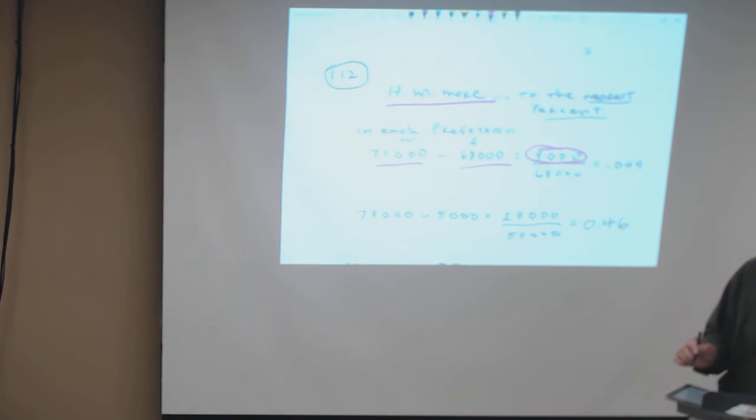And what does it say for problem 112? How much more did males make than females? So the 3,000 is from females up to males. So I put the 3,000 over the female salary, and that says they make 4.4% more.